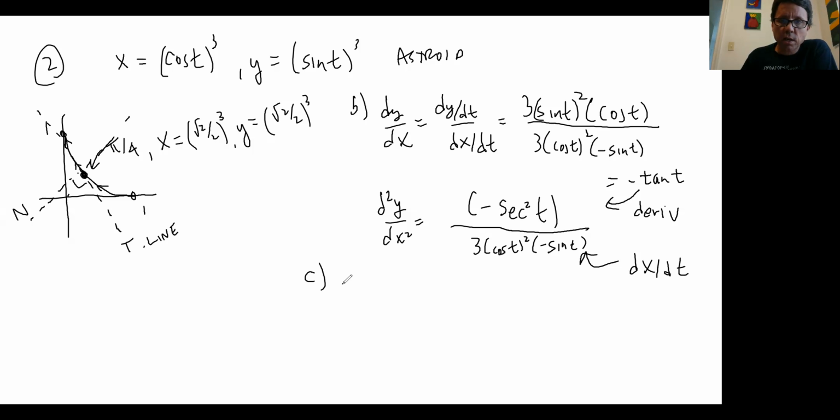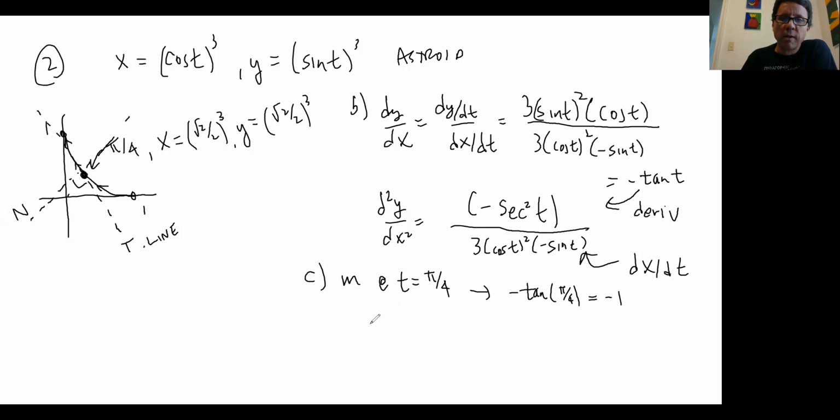Part C, the slope at pi over 4: you just come back to the slope equation in part B, and the answer will be minus tangent of pi over 4, which is -1. That makes complete sense because the line is slanted down, and it's evenly slanted down, so pi over 4.